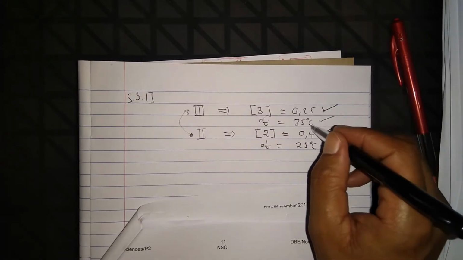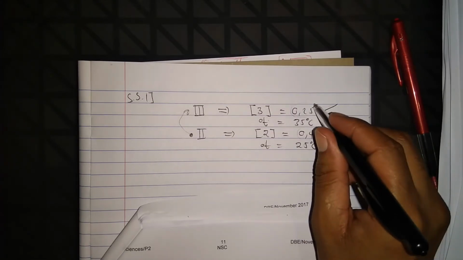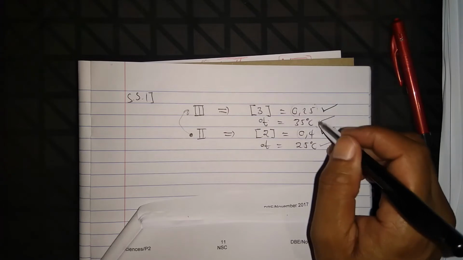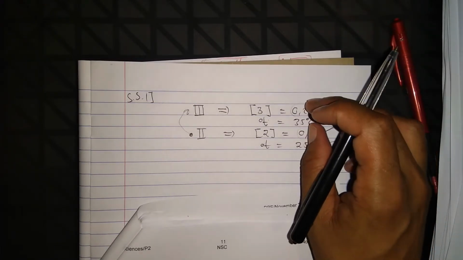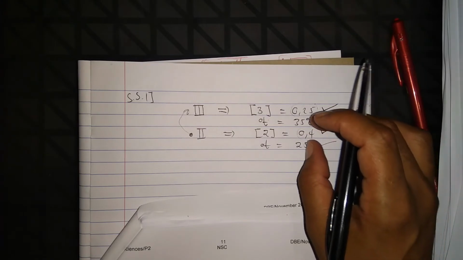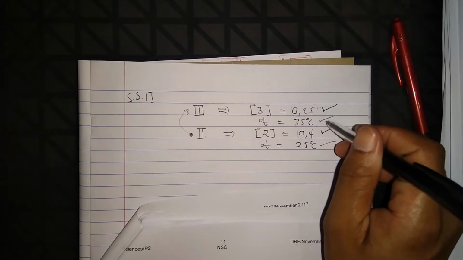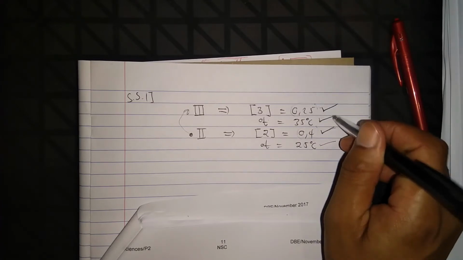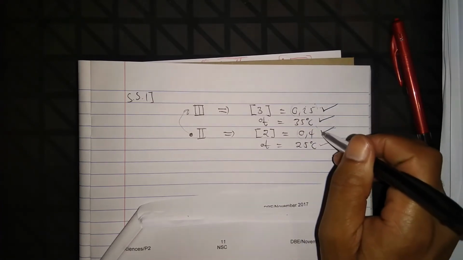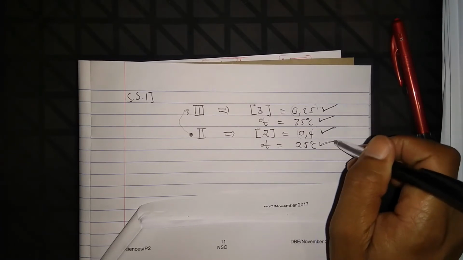Since there's a difference in concentrations and a difference in temperature, the low concentration with a high temperature compensates for the high concentration with a low temperature.